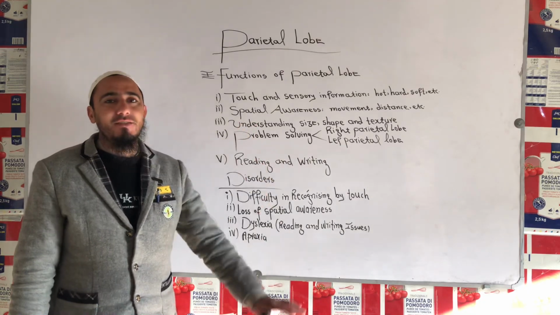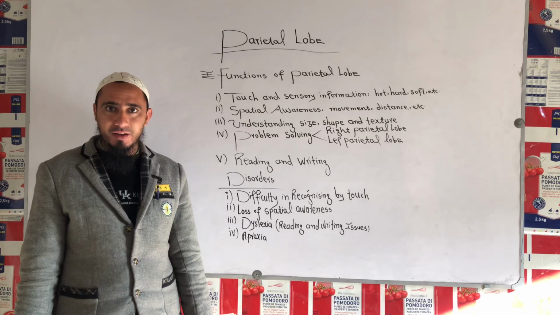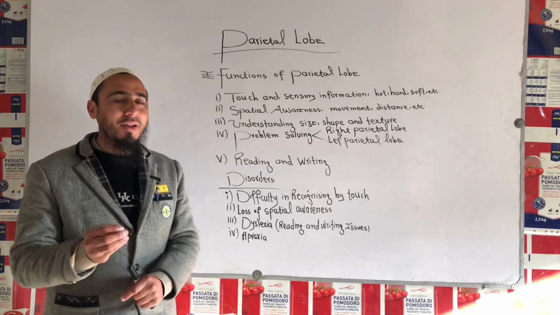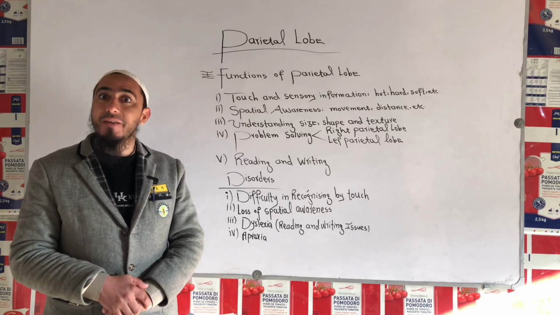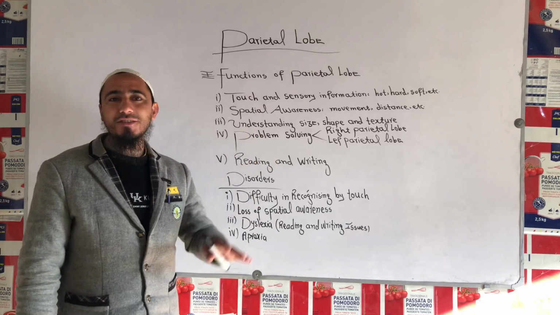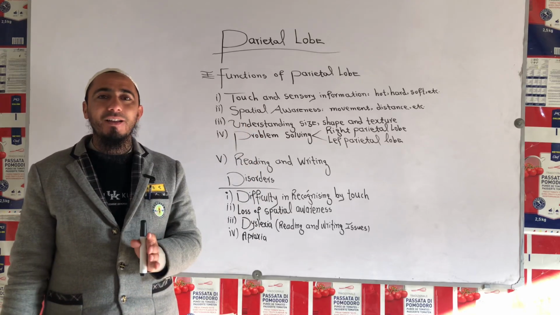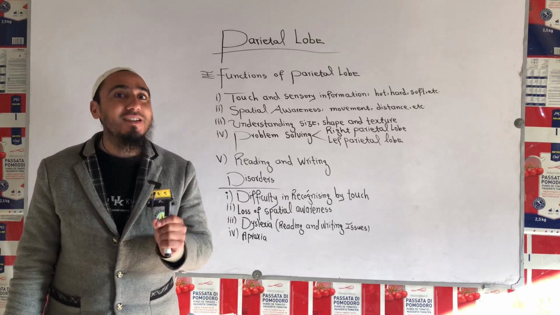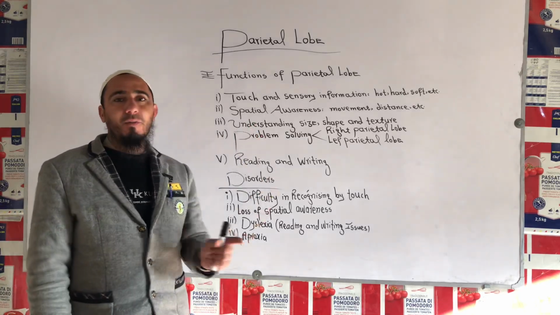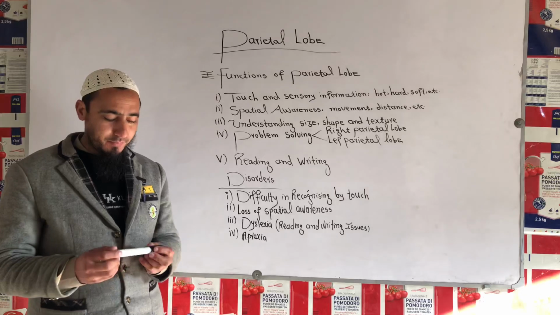This point is very interesting. Normally, we recognize and identify a thing when we watch it practically, when we observe it. But this parietal lobe, this part of the brain, helps us even to recognize the thing without watching it. We recognize it when we just touch the thing.